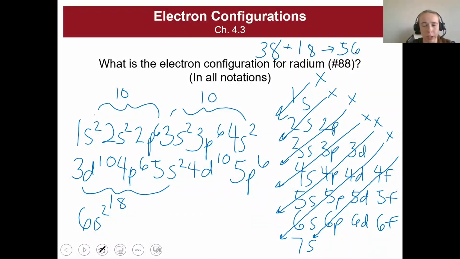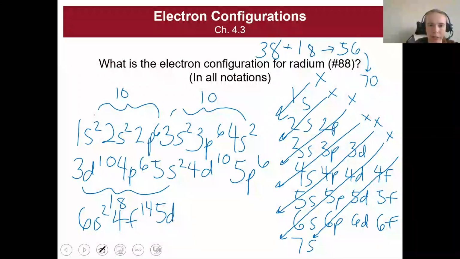So I definitely needed all of these. All right, what's next? So 4f. 4f gets 14 electrons. So that puts us at 70. So now we need 18 more. All right, 5d, 10.